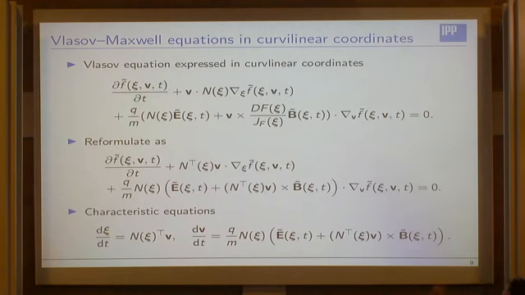And from that, of course, we get our characteristic equations, which we formulate now in a mixed form. So we have the characteristic equation for the logical point in space, but we keep the velocity, the velocity that belongs to the physical space.